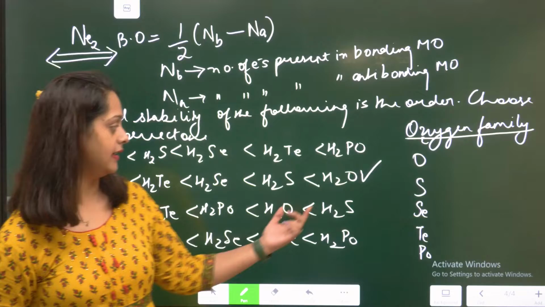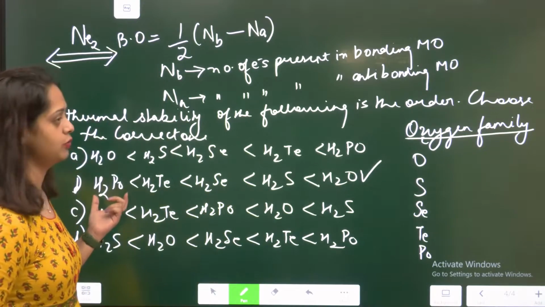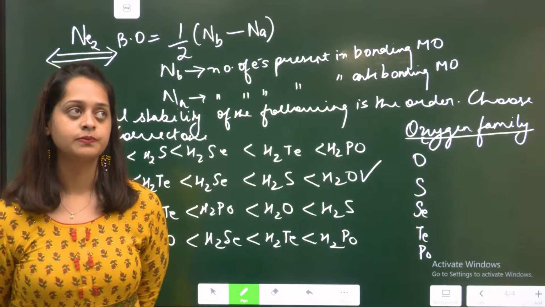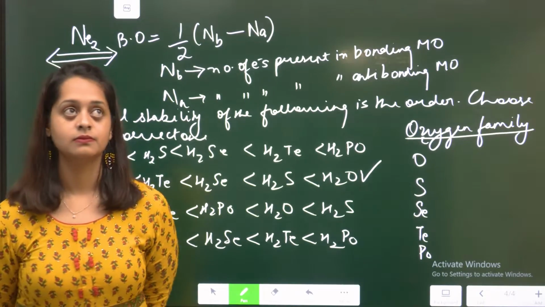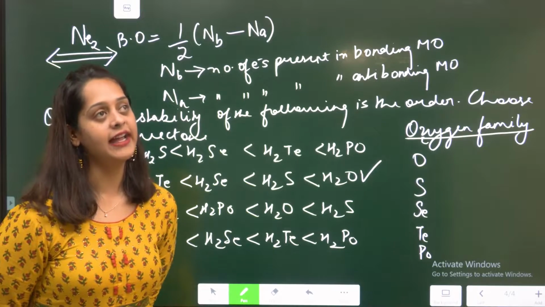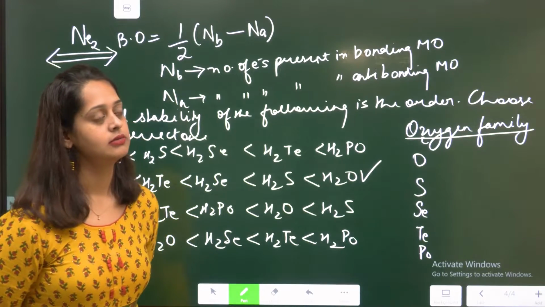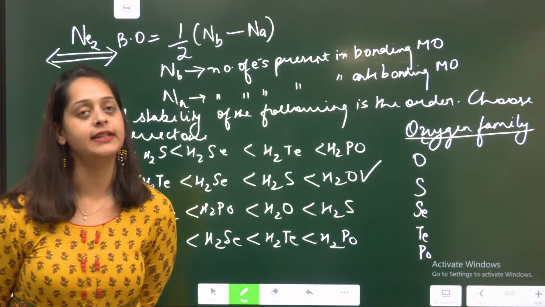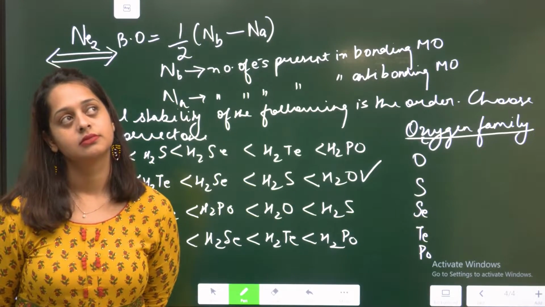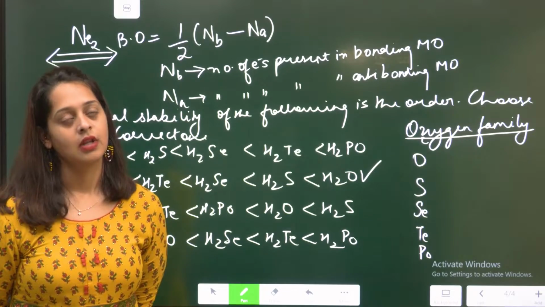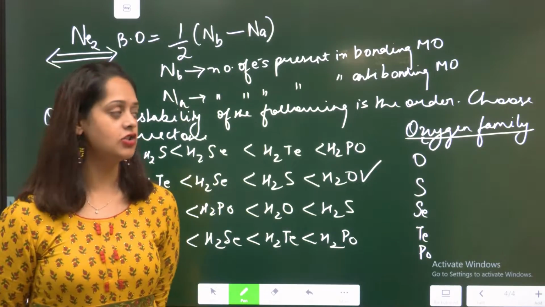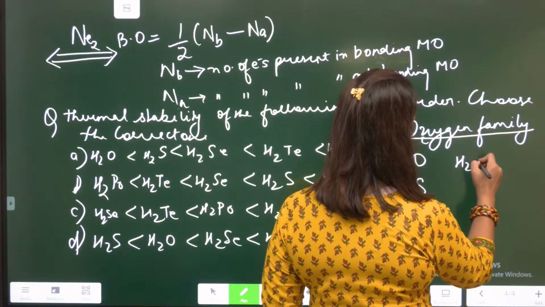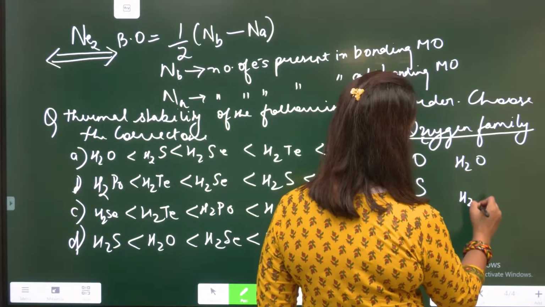So let's say I am comparing water with H2Po. Which one would be more ionic in nature? Which has more ionic character in the bond, or which has more covalent character? I am comparing the H2O bond and the H2Po bond.